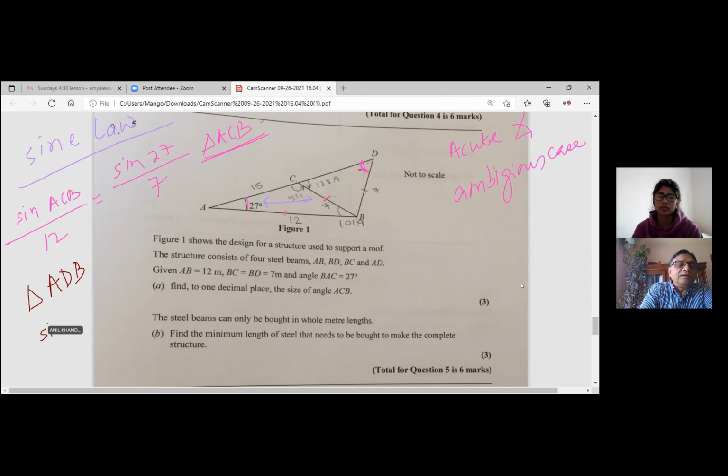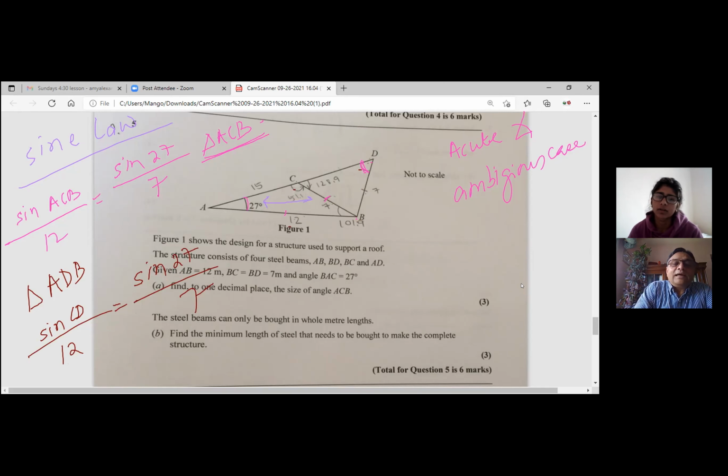Tell me. Sine of angle D over opposite side is 12, right? Is equal to sine of angle 27 over 7. You get the idea. So you have two equations which are giving you the same result. And obviously, these two angles are not same, correct? Now find the result.